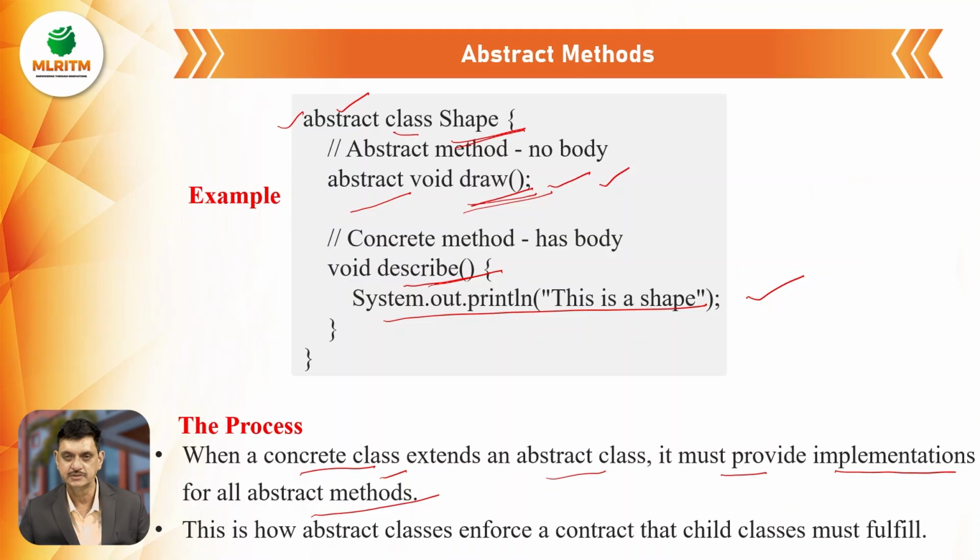It doesn't contain any abstract or incomplete methods. It contains fully defined methods only. If it contains everything, then we can declare it as a concrete class or concrete methods. This is how abstract classes enforce a contract with the child classes.